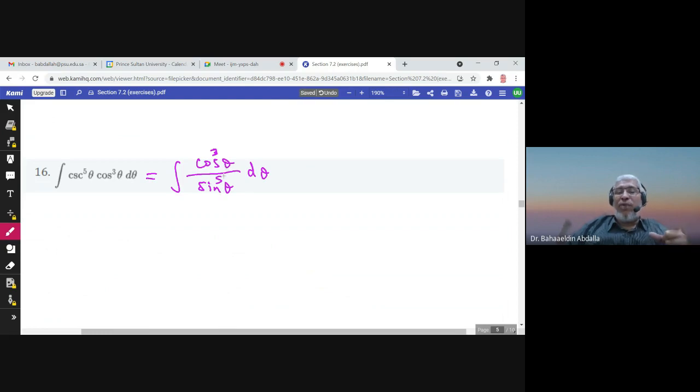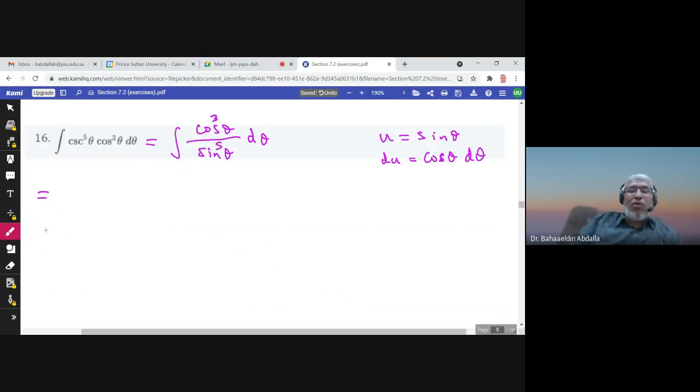You look to the numerator, not the denominator. You have cosine to the power 3 in the numerator. So you take u as sine theta. And du would be cosine theta d theta.